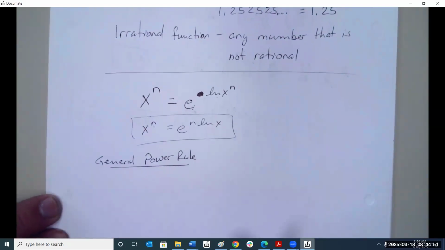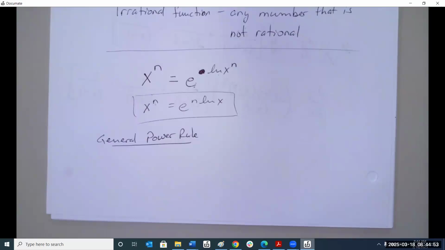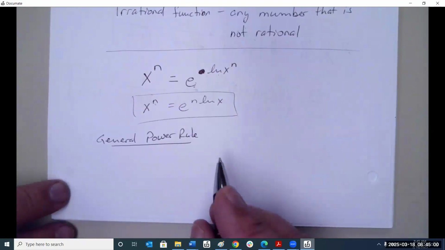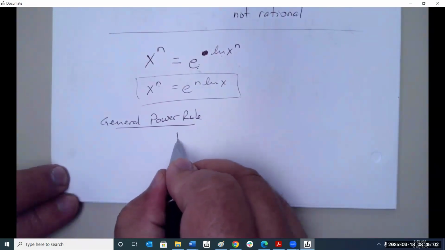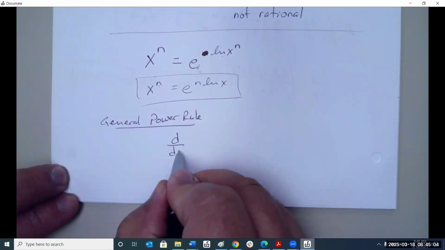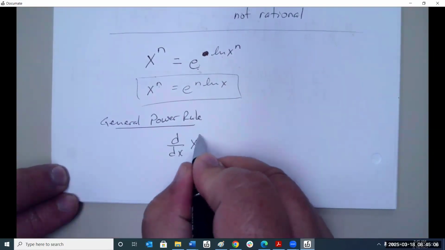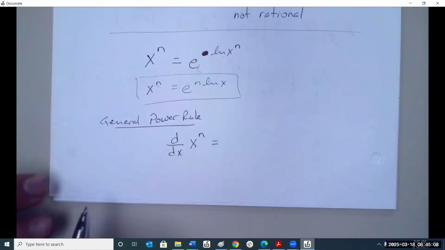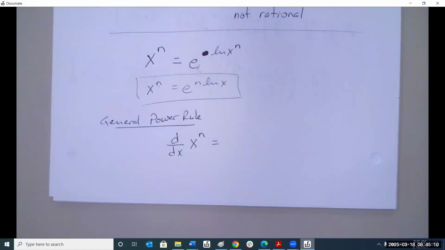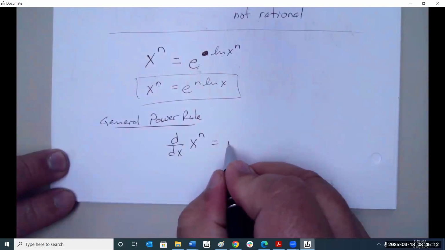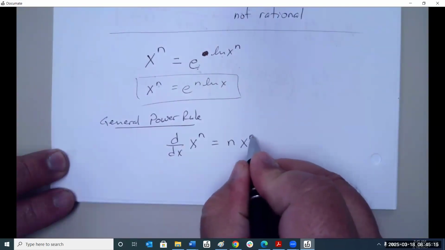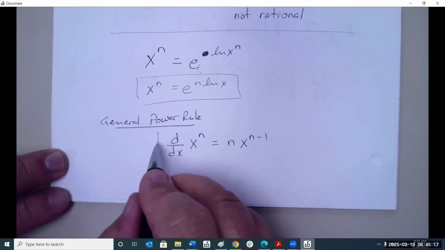What is the general power rule? You remember that? It's the derivative of any power, any function x raised to the power n, is equal to n x to the power n minus 1.